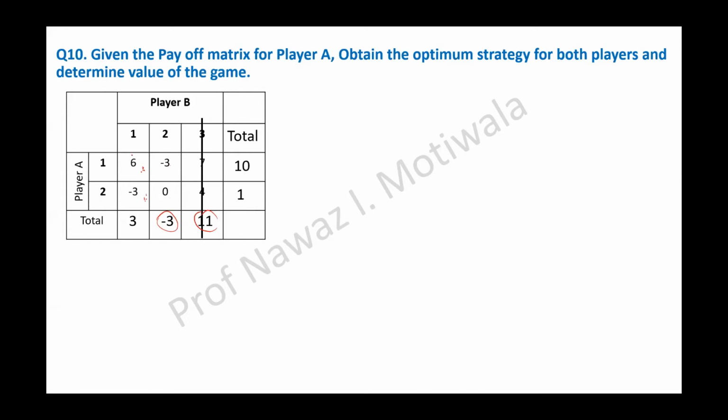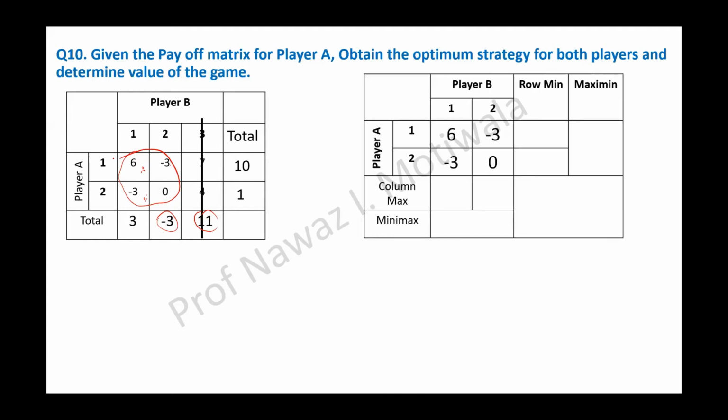So there is no dominance in row wise also and no dominance in column wise also. But we are now successful in converting this matrix into a 2 by 2 game. Now if it is a 2 by 2 game, what is our regular procedure? Go for checking for saddle point.